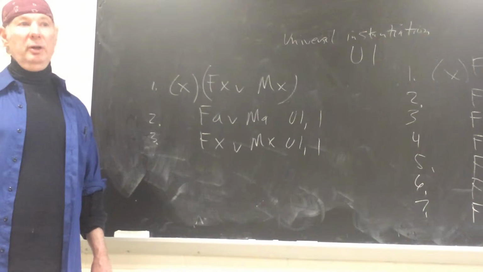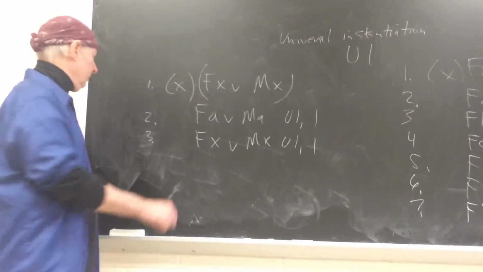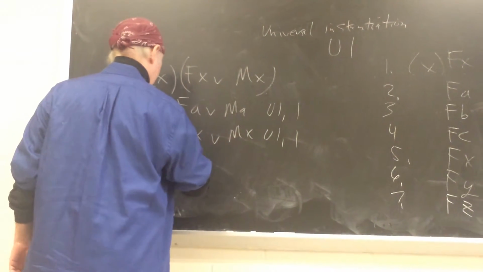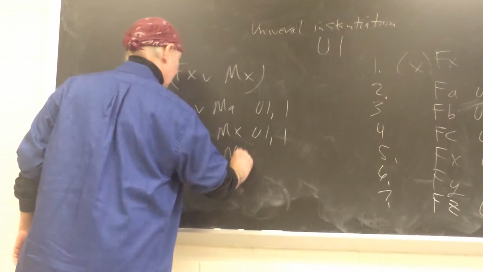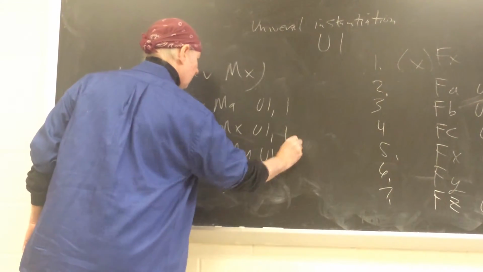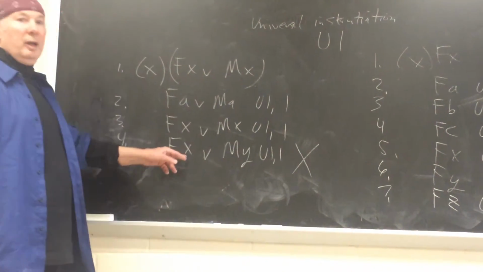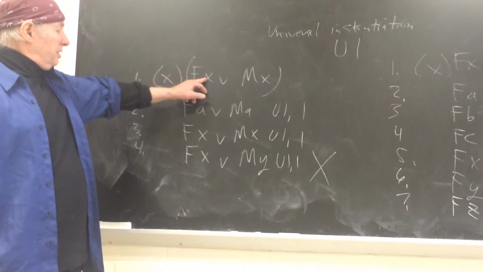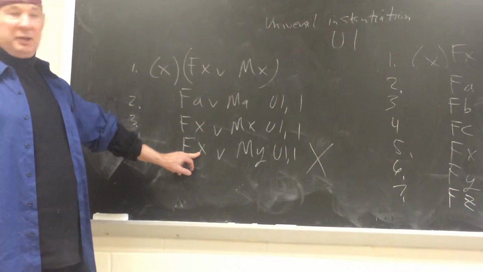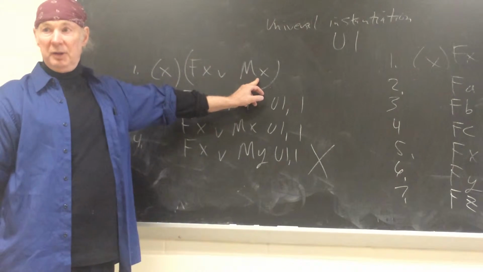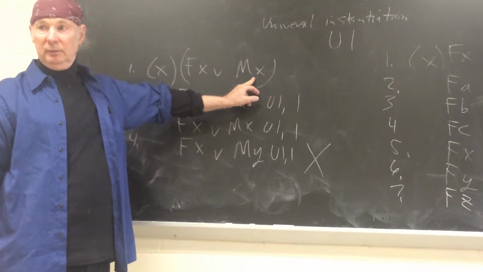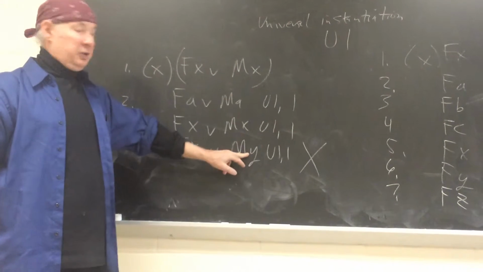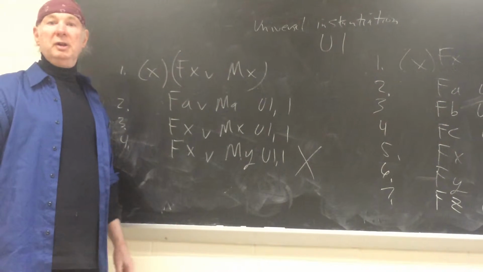But now let me show you something bad. This is very bad. Notice what was done. X was kept as X. The other occurrence of the bound variable, the other X, was changed into Y. You can't do it.